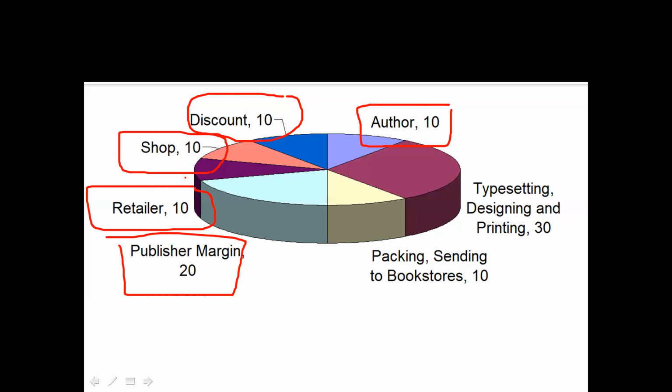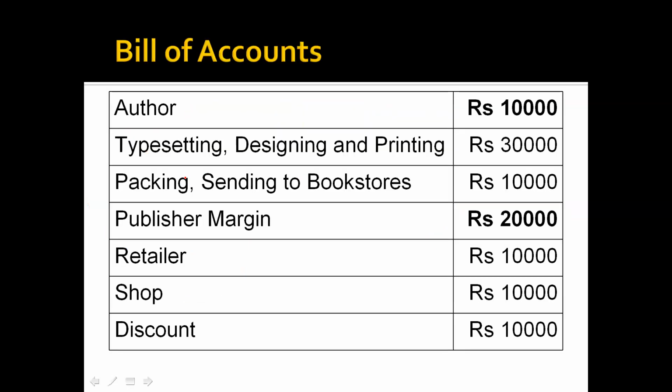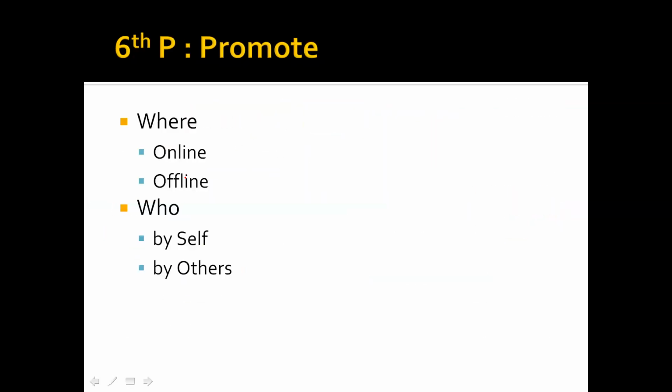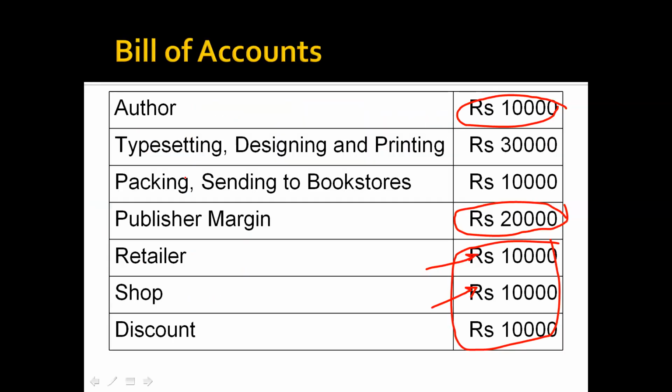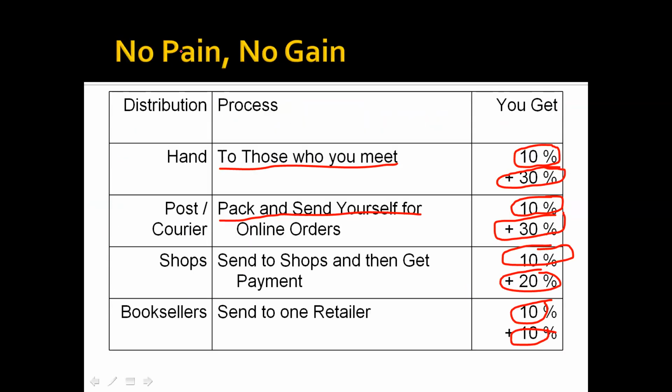If you are doing the work of the shop, you get another 10%. So, in short, no pain, no gain. The more work you do, the more money you get. The less work you do, the less money you get from your book. This is very, very simple logic.